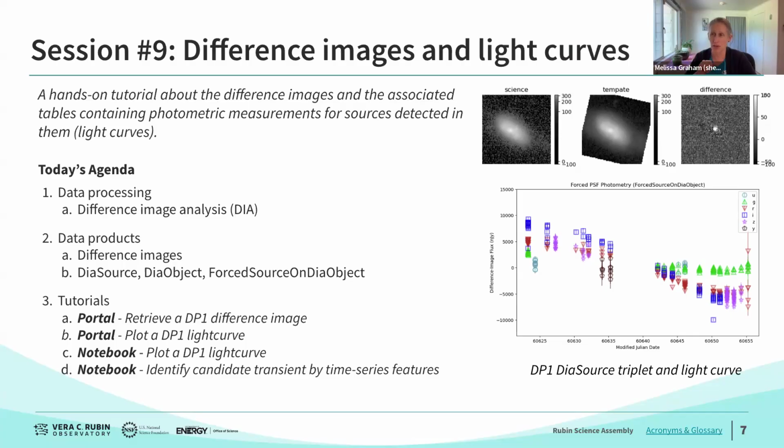We'll touch a little bit on solar system stuff here and there, but mostly if you work in the time domain, and in particular on moving objects, solar system objects, then tomorrow's session on the solar system data products is the one for you. After a couple slides, we'll do some hands-on tutorials.